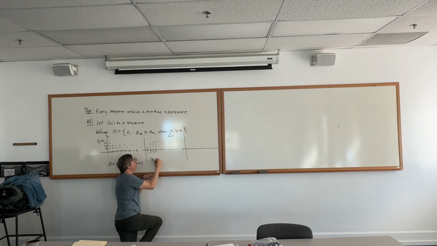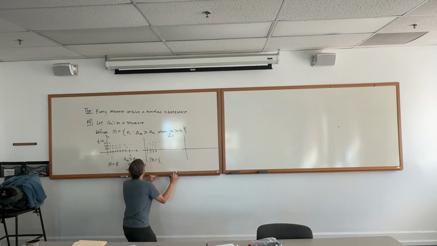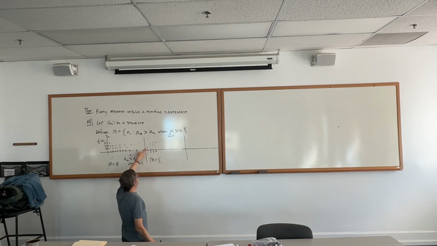So let's figure out what M looks like here. Is 1 in M? And so you ask yourself, I see the correct head nod, to the right of this, is everything above it? And the answer is yes.